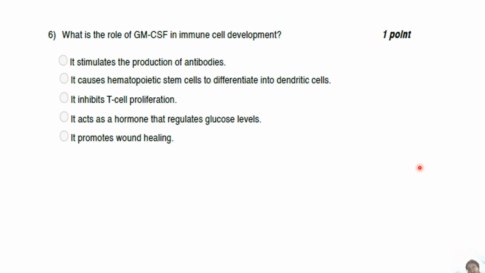Option D, it acts as a hormone that regulates glucose levels. And option E, it promotes wound healing. You have to give me the answer in detail and also tell me the full form of GM-CSF with regards to immunology. I'll wait for a few minutes.